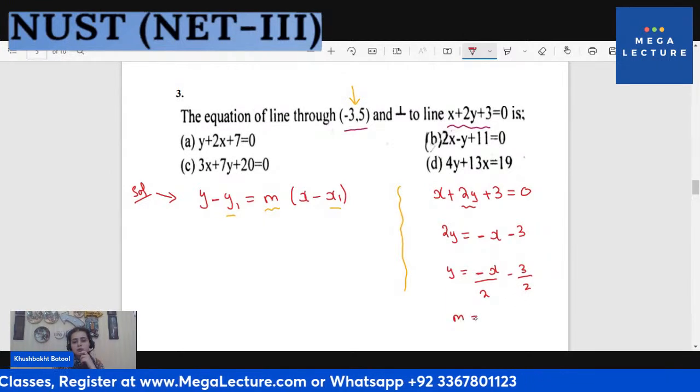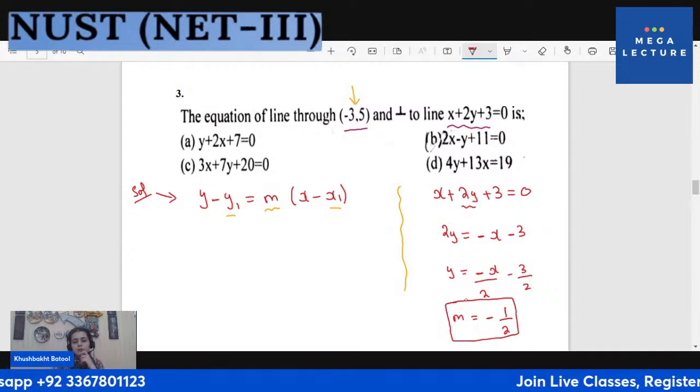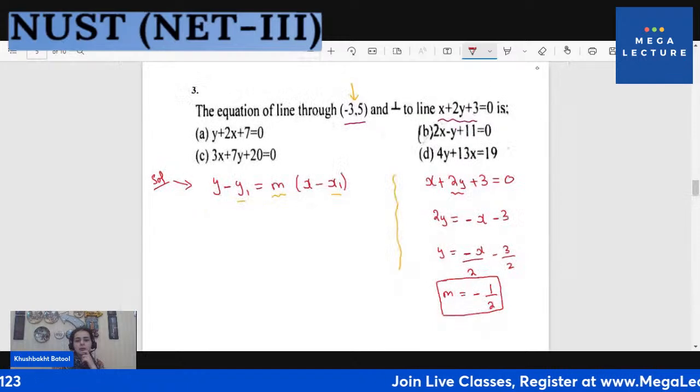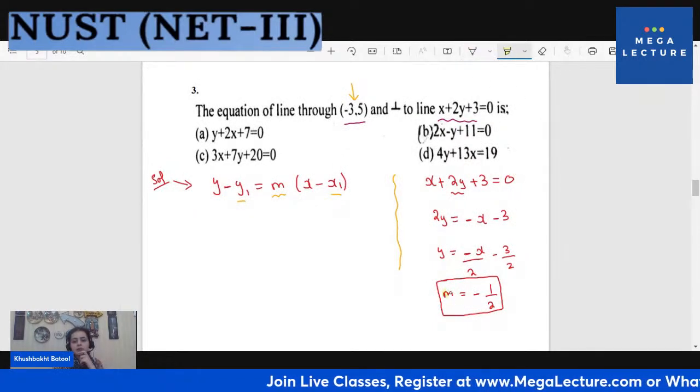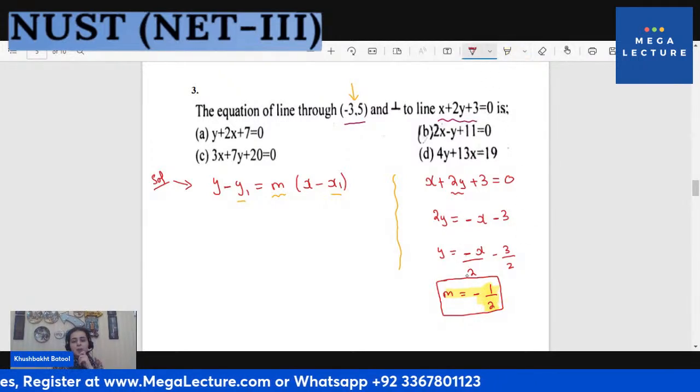So the slope is going to be minus 1 by 2. Minus 1 by 2 is the slope of the perpendicular line.